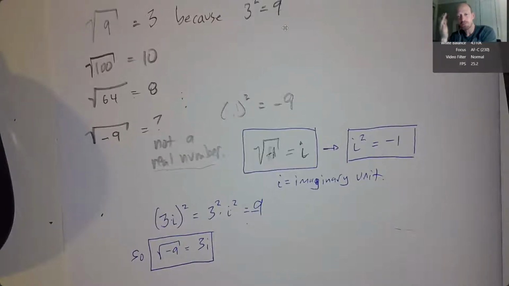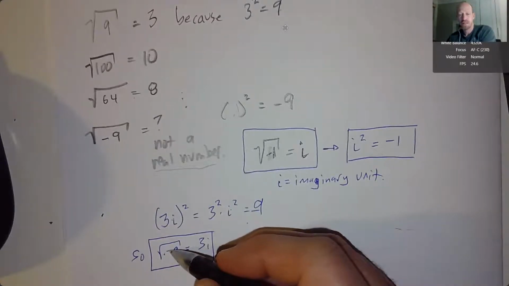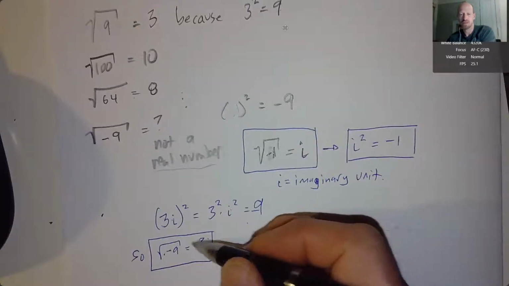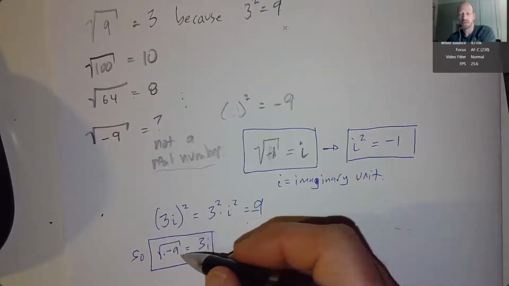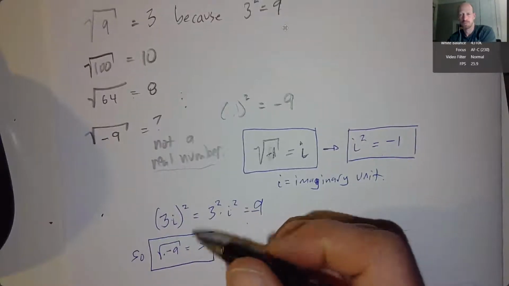So there are some substantial conceptual ideas here with imaginary numbers, but the good thing is in the beginning, they don't have to be very hard for us to work with. The rule is whenever we take a square root of a negative, that negative becomes the i. And then the square root of the number becomes the numerical part that's left over.